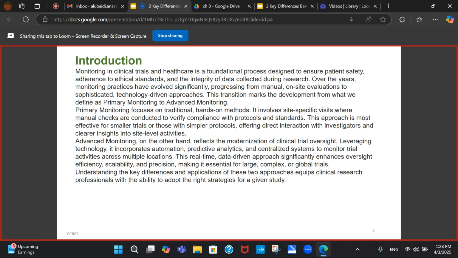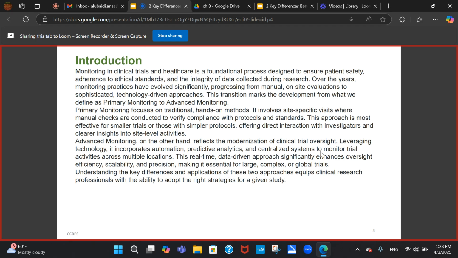Primary is for smaller trials and simpler protocols, while advanced monitoring can be applied in bigger protocols and bigger trials.